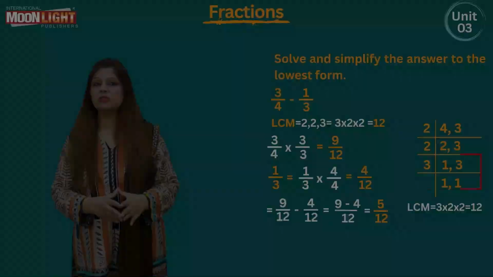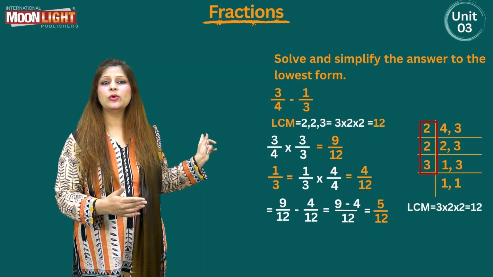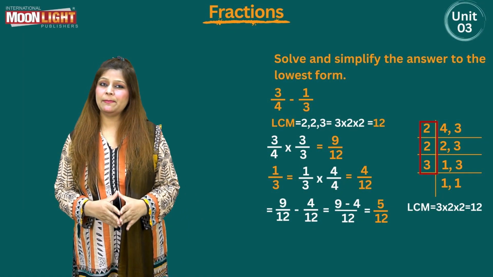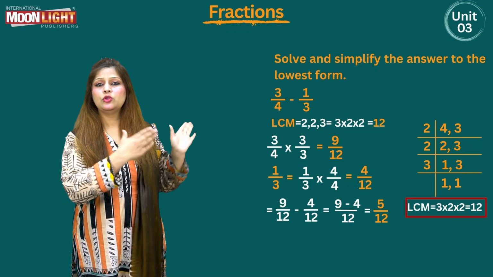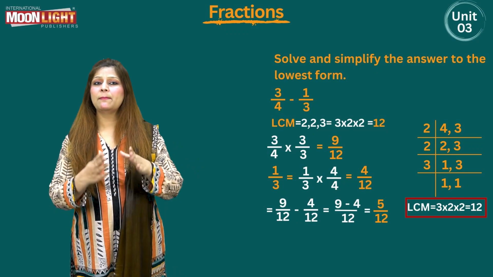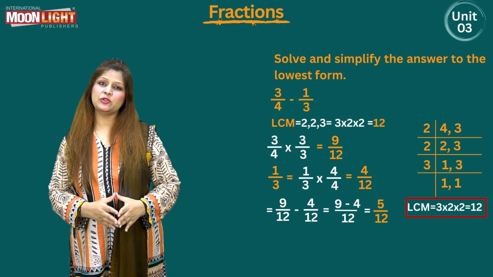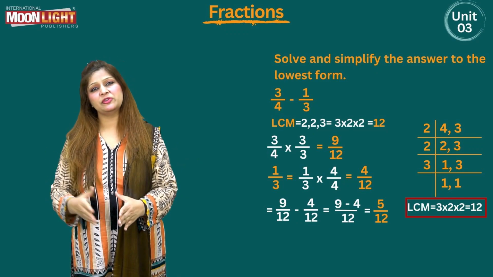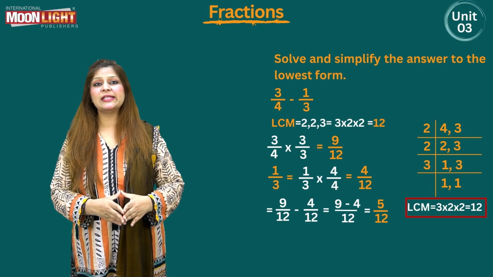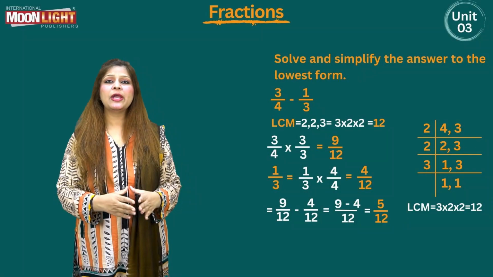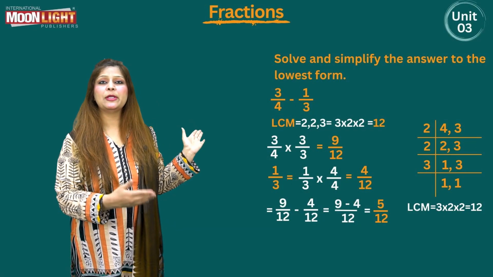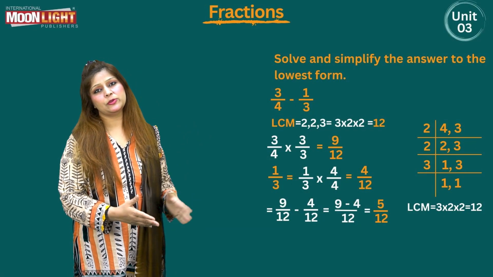Now, the product of 2, 2 and 3 is the LCM. So LCM is equal to 2 multiplied by 2 multiplied by 3, which is equal to 12, because 2 2s are 4 and 4 3s are 12. So 12 is the LCM of these two given denominators, 4 and 3.